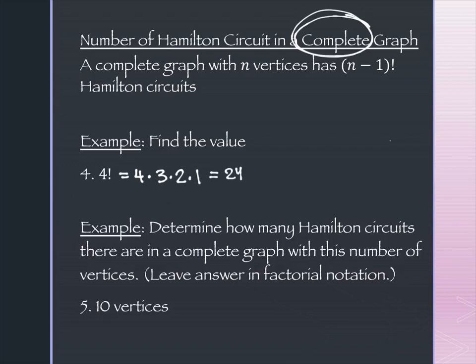So if we're doing an example of the actual problem, determine how many Hamilton circuits there are in a complete graph with 10 vertices, what would that be? 9 factorial, which is 9 times 8 times 7 times 6 times 5 times 4 times 3 times 2 times 1. I do not have that written out, so somebody is going to have to tell me what that multiplies to.